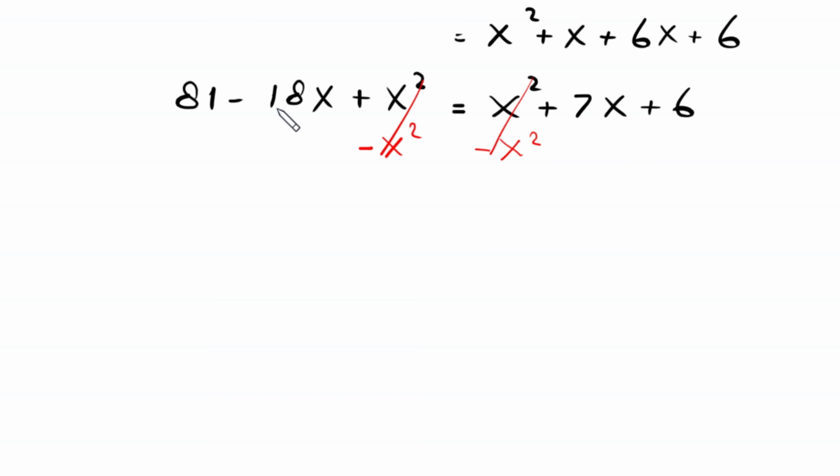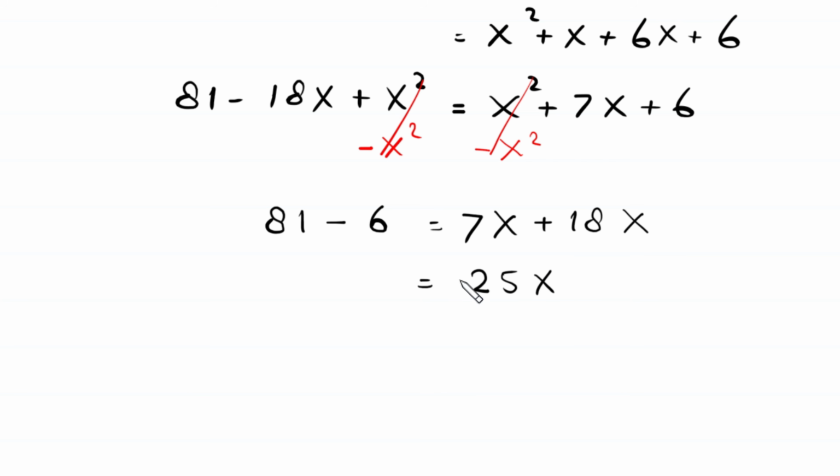Move the negative 18x to the right hand side and the 6 to the left hand side. This becomes 81 minus 6 equals 7 times x plus 18 times x. This becomes 25 times x and this becomes 75. If we divide both sides by 25, this implies that x is equal to 3. This is the final answer of this problem.